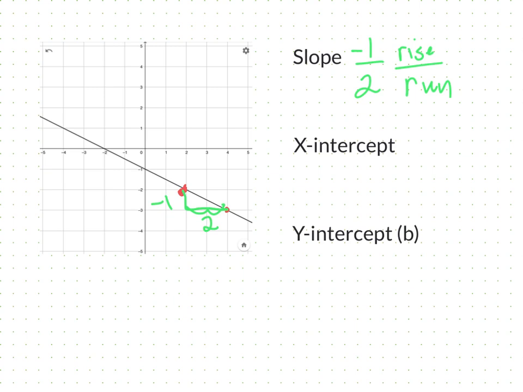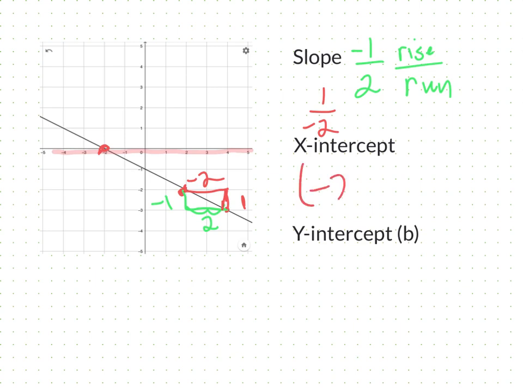Okay. Now please know that if we did this, that's up 1, which is positive, and then to the left 2. Okay, same thing. Just see how one of them has to have a negative. Okay. All right, x-intercepts. So again, here's my x-axis, and it crosses right here, which is at -2.